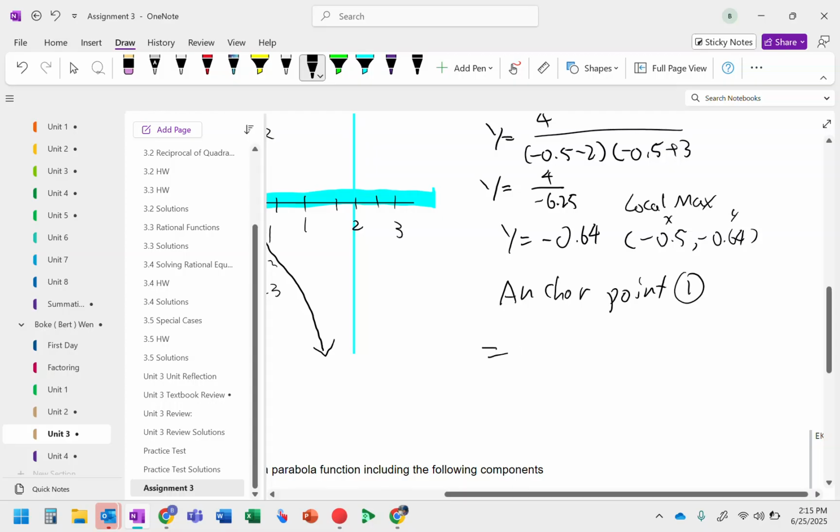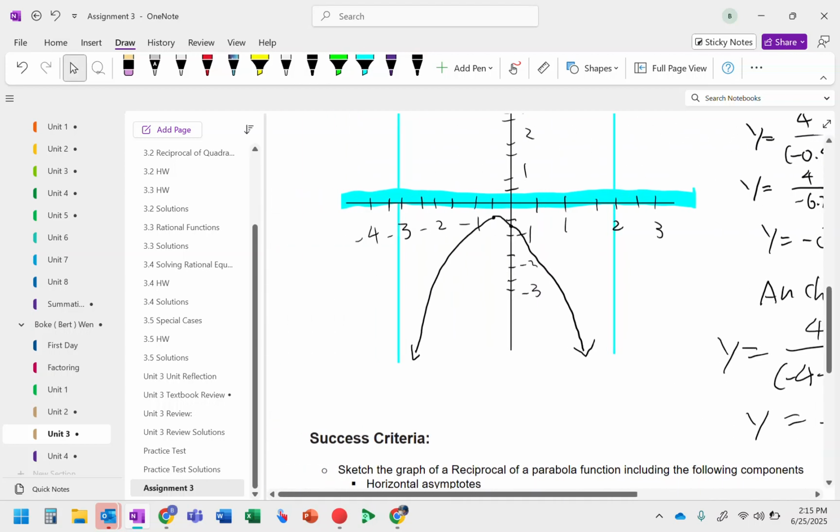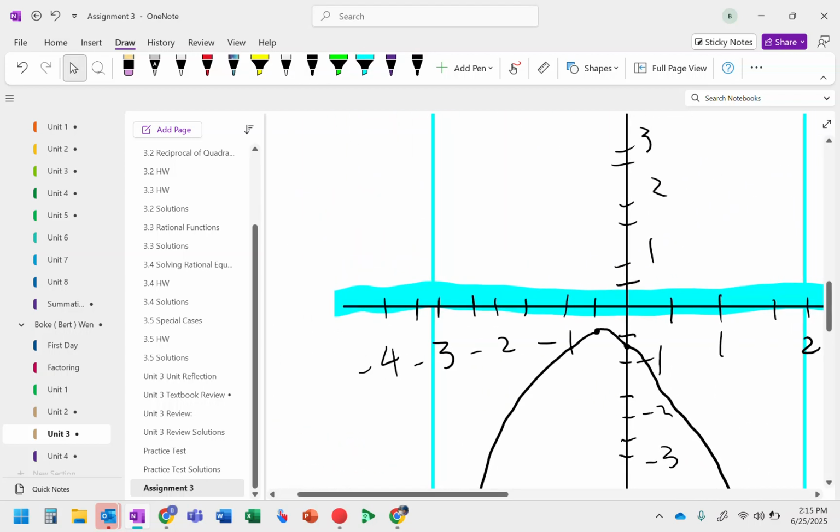We're just going to simply plug in our value. We're going to start with -4. 4 over -4 minus 2 times -4 plus 3, and we will get 4 over +6, which simplifies to 2 over 3. So 2 over 3 should be around right here.